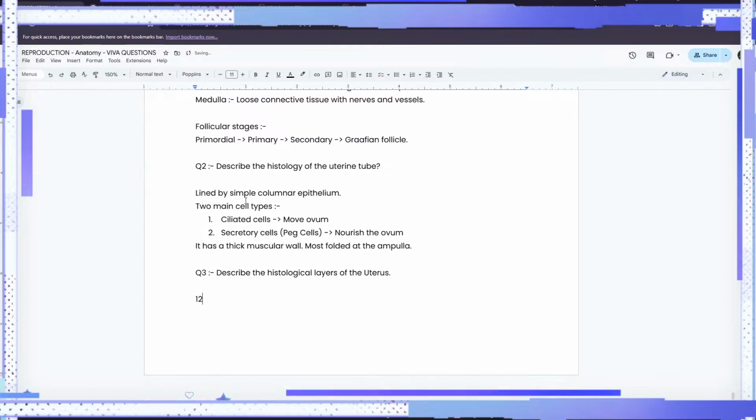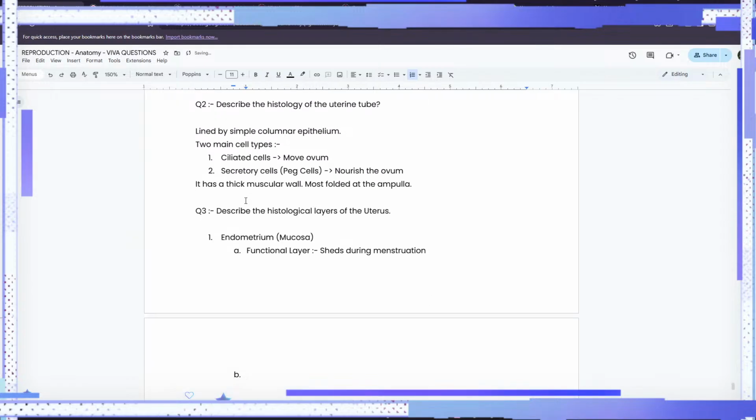Endometrium. It is the mucosa. Isn't that cool? So what is special about the endometrium? Look, it has two layers. It's got the functional layer, which sheds during menstruation, and then you have the basal layer.